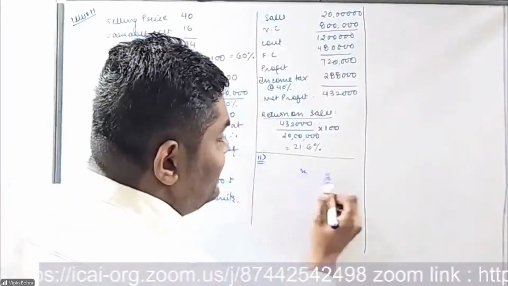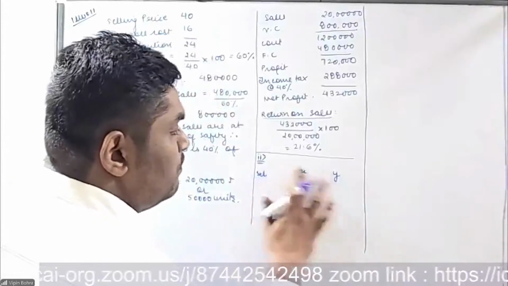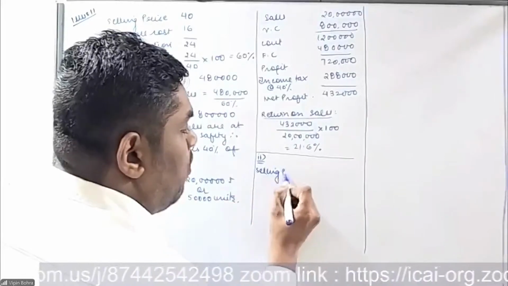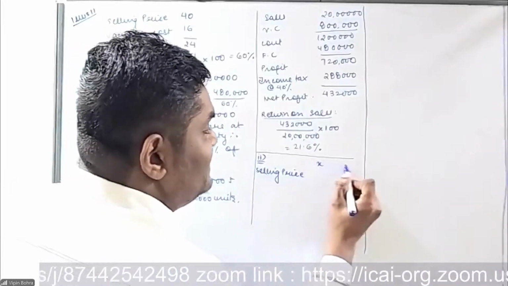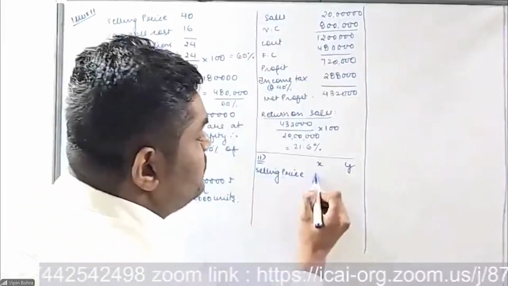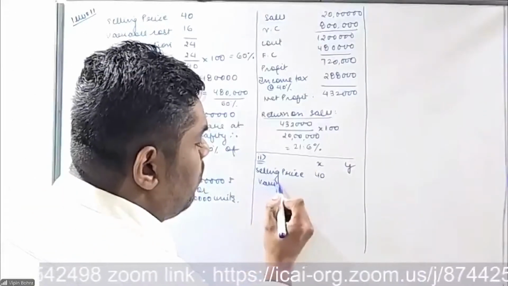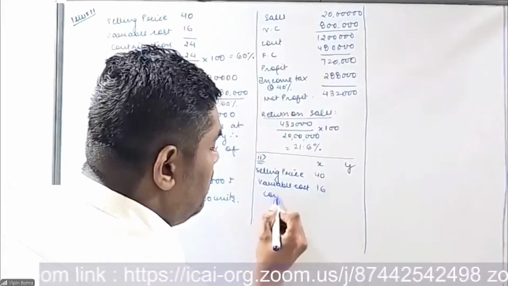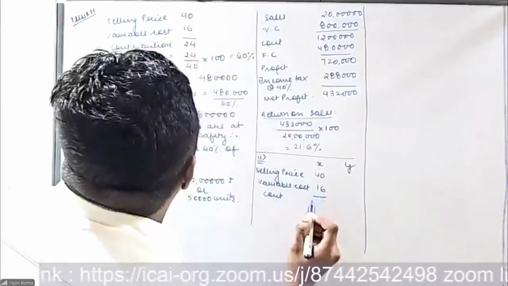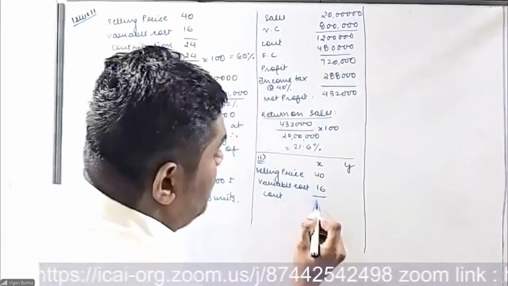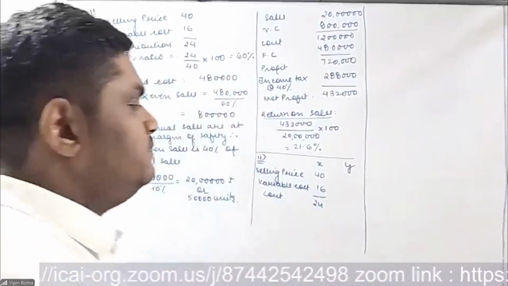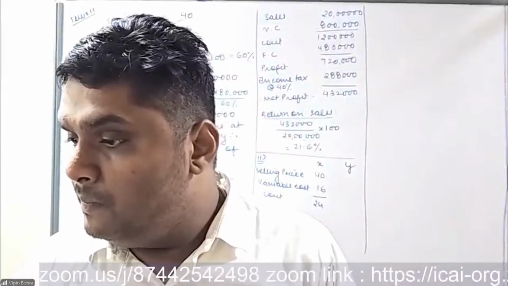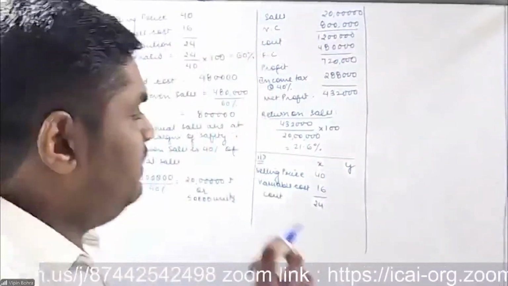Now, since there are two products X and Y, selling price is given of X and Y. The X selling price was 40. Variable cost was 16. And contribution was 24. Similarly, for Y, it is given that the selling price will be 50.